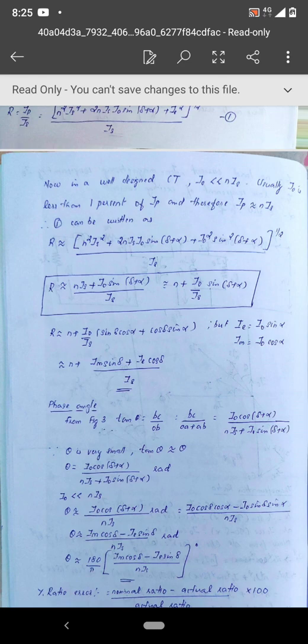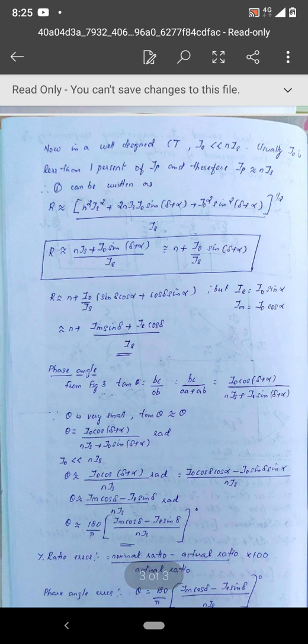In similar lines, I naught cos alpha is nothing but Im, and I naught sine alpha is nothing but IE. Substituting that, theta is approximately equal to Im cos delta minus IE sine delta divided by NIS radians.